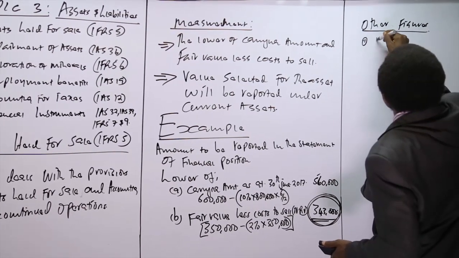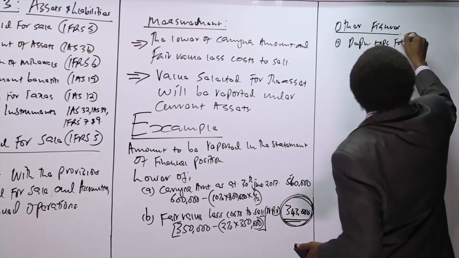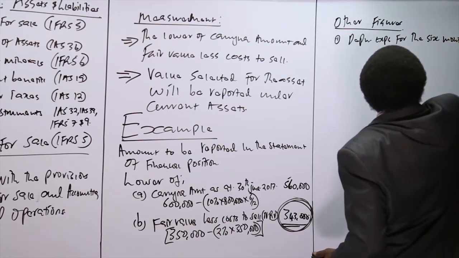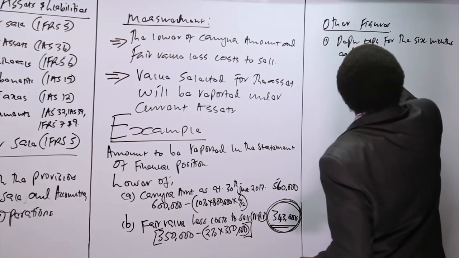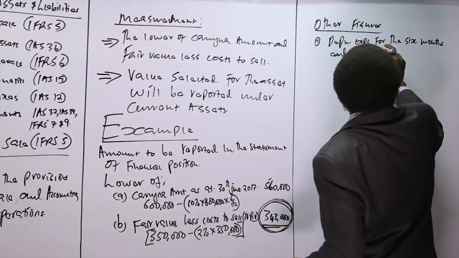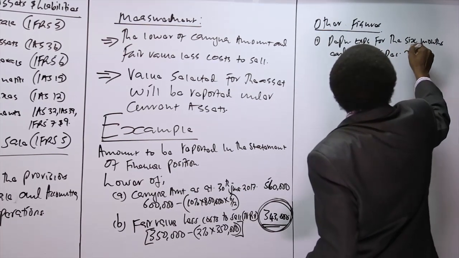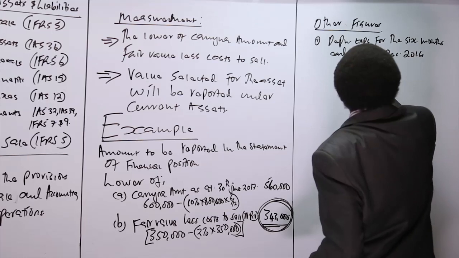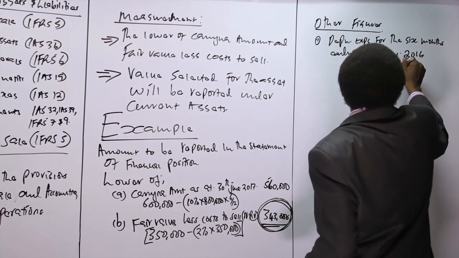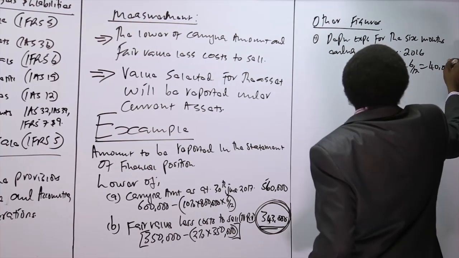One, there is the depreciation expense for the 6 months ending 31st December 2016, which is simply 10% of the 800,000, then for 6/12, which is definitely 40,000.